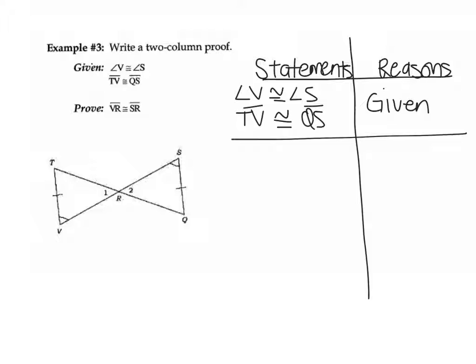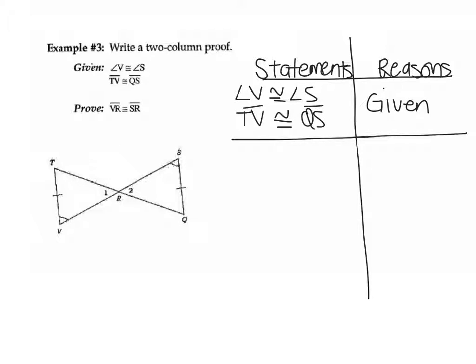So if you remember, if two triangles are congruent, all of their corresponding angles and sides are congruent as well. So if I can show that triangle TVR is congruent to triangle QSR, I can then say that every corresponding side is congruent as well. And I'm almost there because I already have one angle congruent and one side.